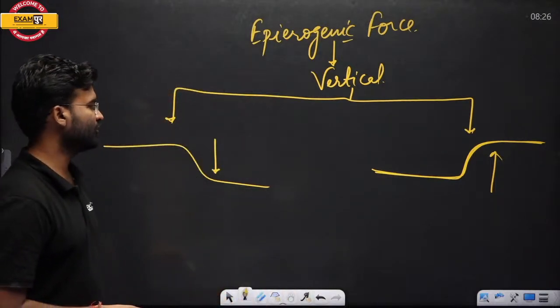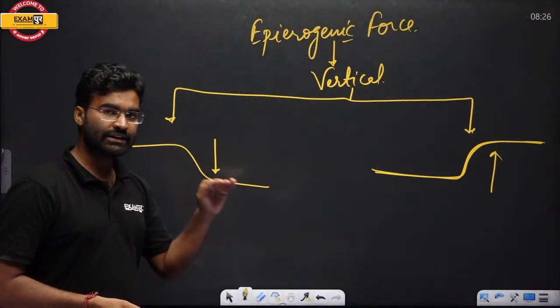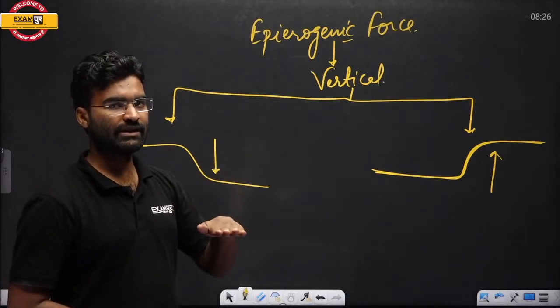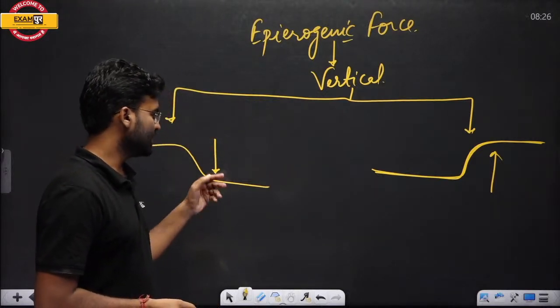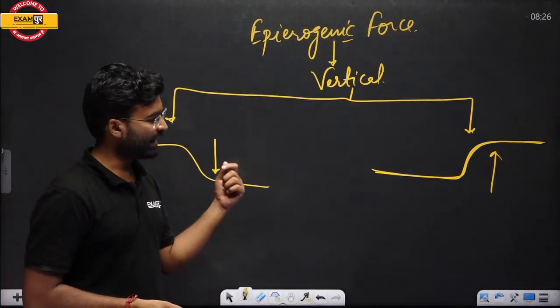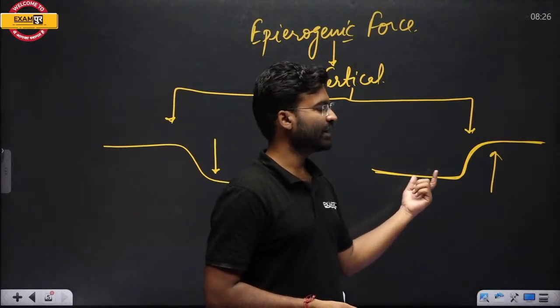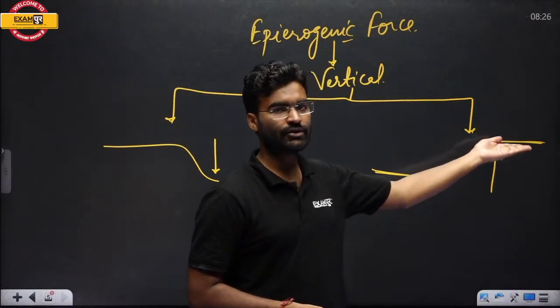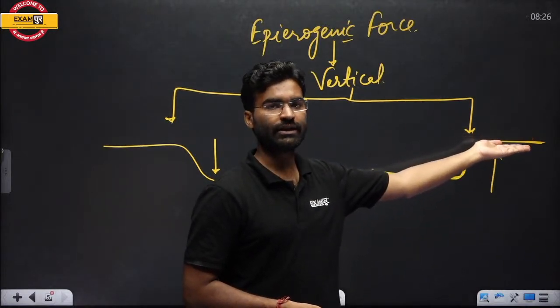If some part which is treated as a continent at the present time, due to the vertical force working downward, it is turned into a sea or ocean basin. If any ocean basin already exists at the present time, due to the vertical force, it can be converted into landmass, or into a continental part.